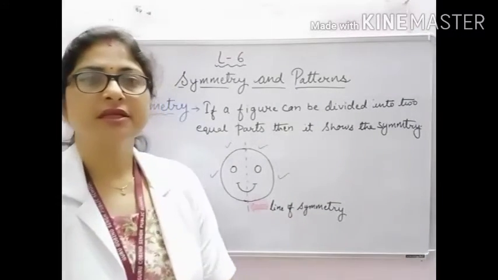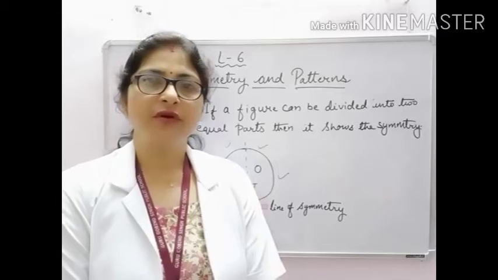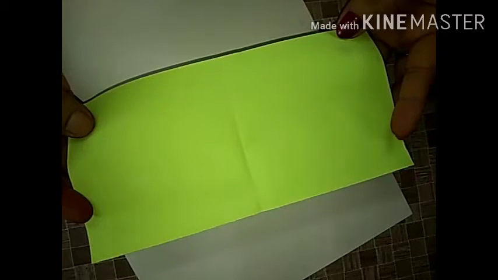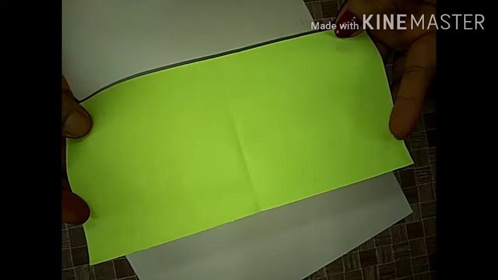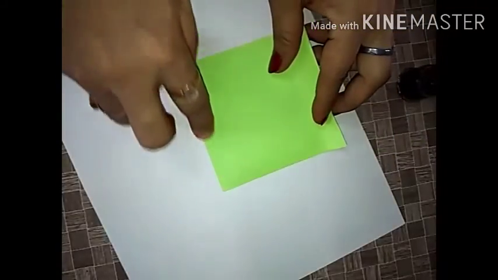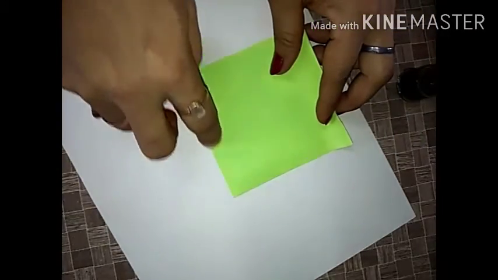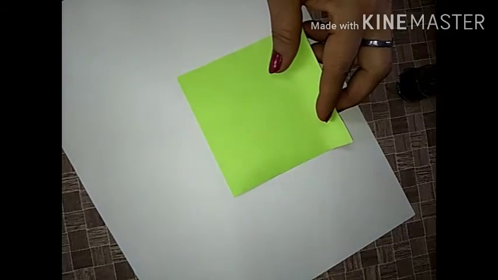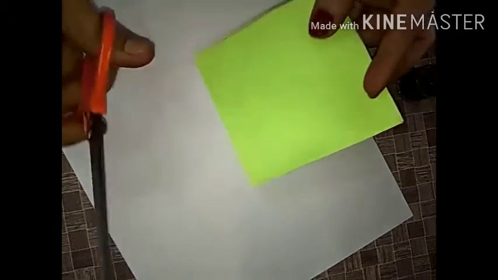So students, let's do an activity for better understanding. Now children, look here. I have this rectangle. I have folded it into two parts from the center like this. Now I will cut a pattern on it after folding.